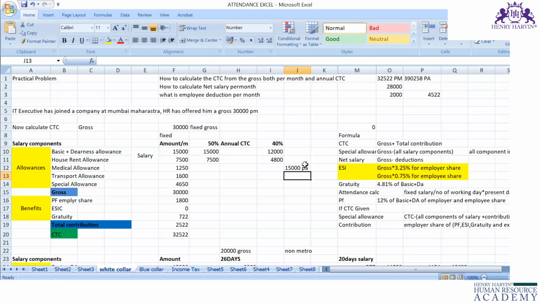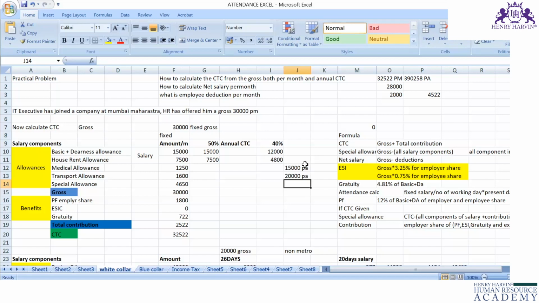But if the employer is paying 20,000 per annum as medical allowances for a particular employee, then for 15,000 the employee need not pay any tax. 20,000 minus 15,000, the remaining balance is 5,000.